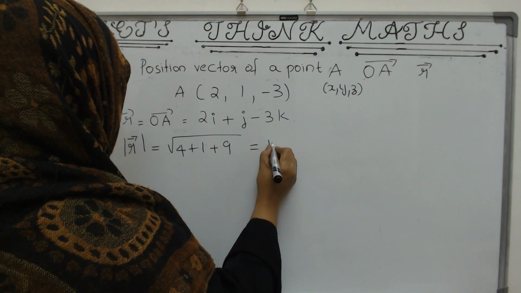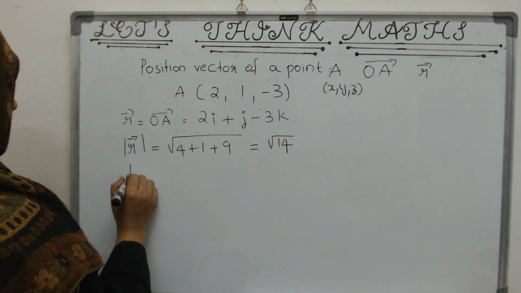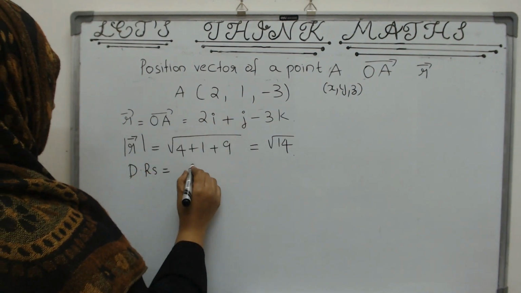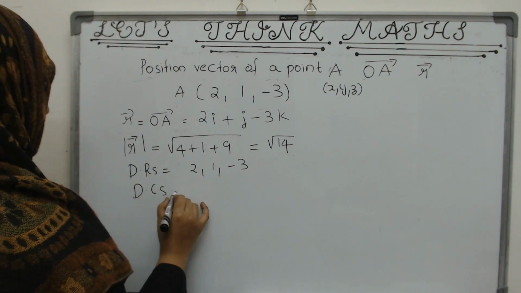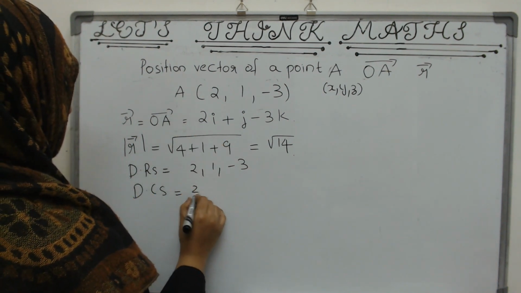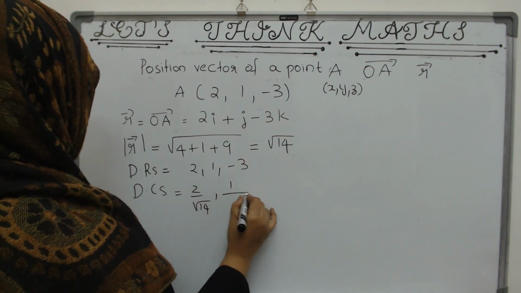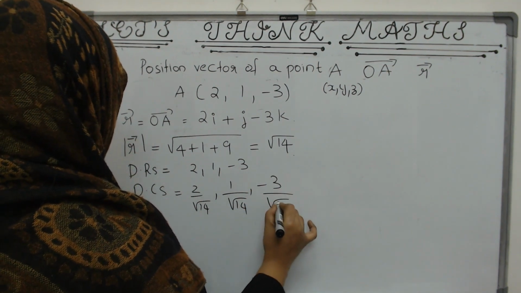So that would be square root of 14. So you have got its magnitude. Next, what are its direction ratios? 2, 1, minus 3. What are its direction cosines? 2 by its magnitude, 1 by this, minus 3 by square root of 14.